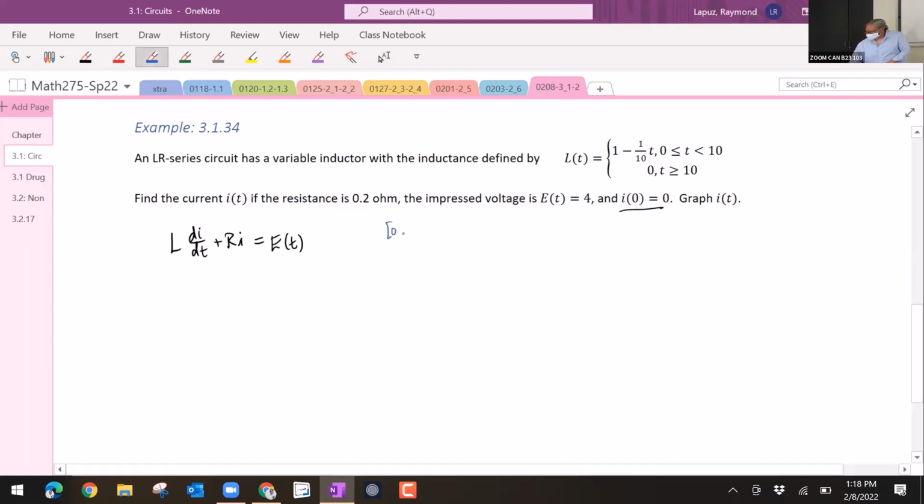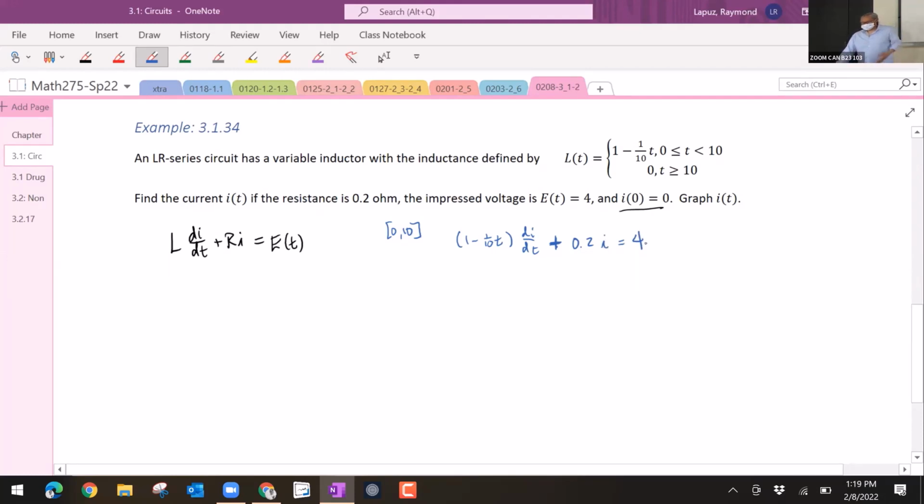Between 0 and 10, your differential equation becomes (1 minus 1/10 t) times di/dt plus 0.2 ohms times the current is equal to your voltage, which is constant at 4.